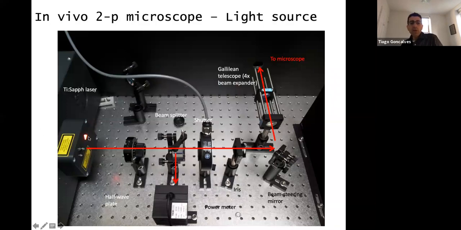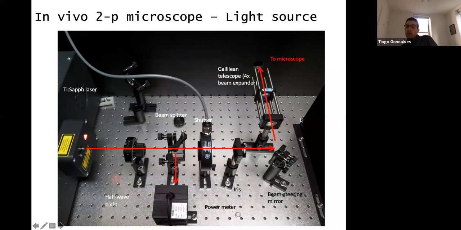So you have your laser, you have your beam splitter. Here you have a part of your laser that you don't need, because otherwise you'd fry your mouse. You have a shutter usually, and then you have a set of mirrors, and you pump this laser into the microscope. But before you pump it into the microscope, there's another consideration: usually you have a beam expander.